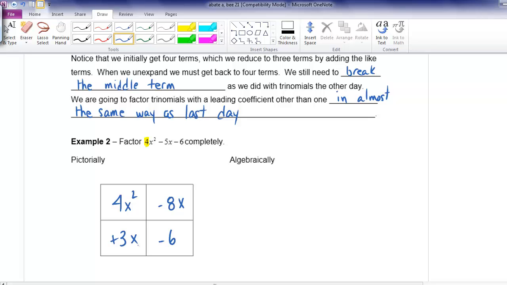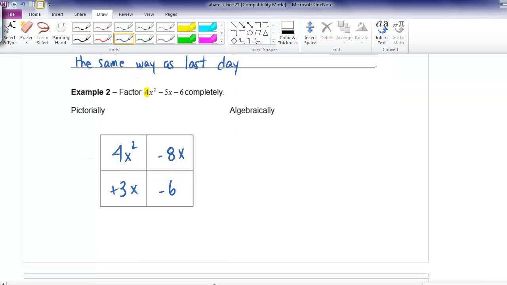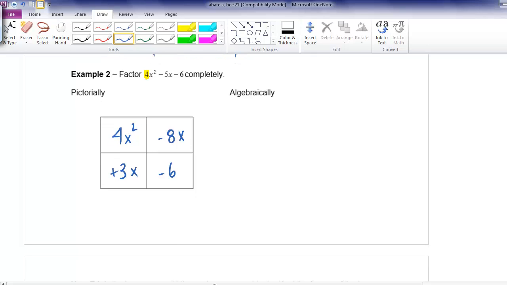So again, you might wonder right now, well, how did he actually break it up that way? But I want to just show it to you first, and maybe as we go along, you've already figured out how to break apart negative 5x into these two pieces. So let me go through my pictorial logic, and then we'll go through the algebraic logic, and then maybe we'll notice, well, how do we decompose that middle term?